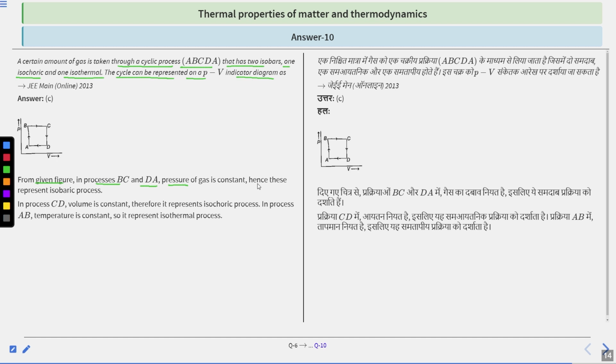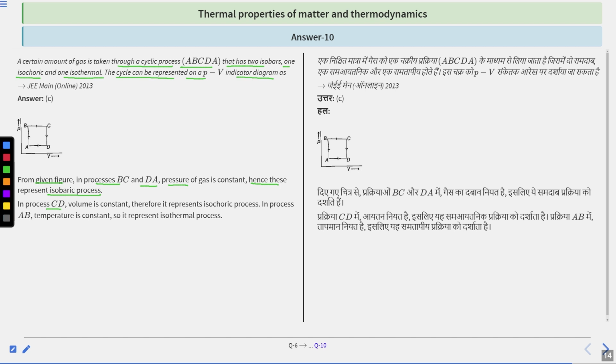Clear? Hence, these represent isobaric processes. Because here, from B to C and D to A, the pressure is constant. So this is the main reason that it represents isobaric processes.